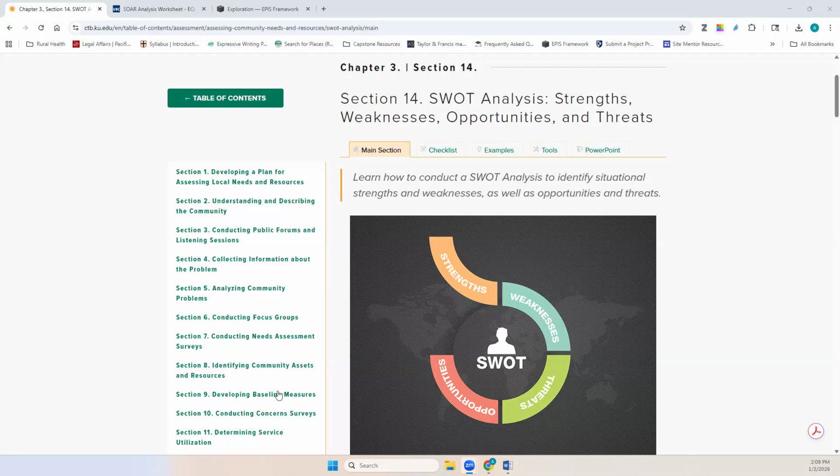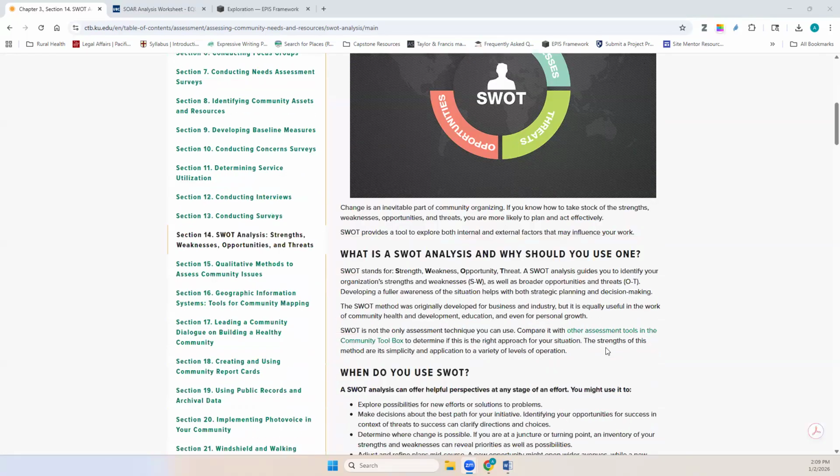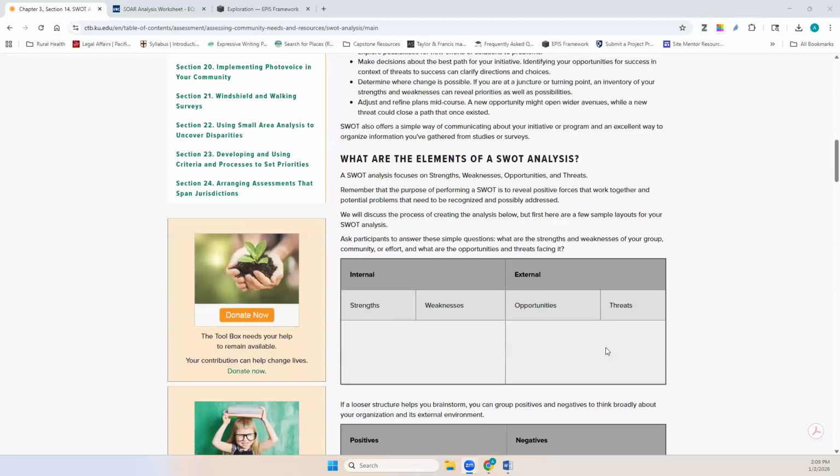And over here on the left, there are other sections for other needs assessment type resources. So please do look through these as you're working on your needs assessment. As we scroll down here, it goes through some of the different parts of a SWOT analysis, when you would use it, that sort of thing.